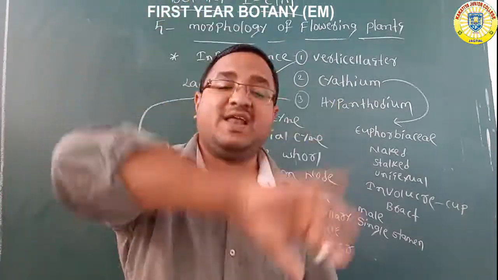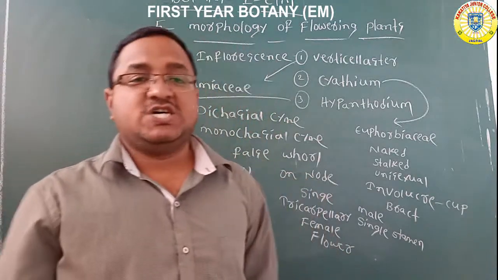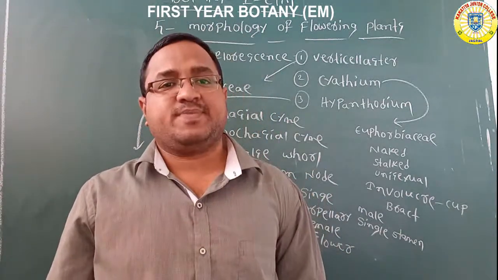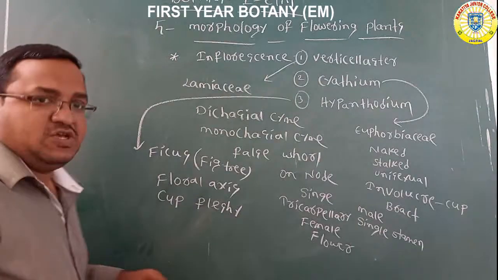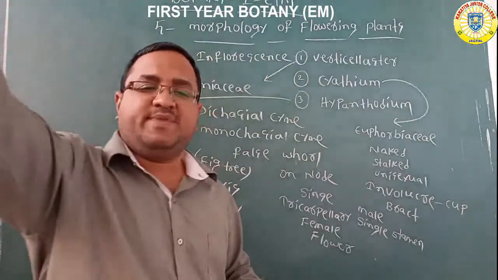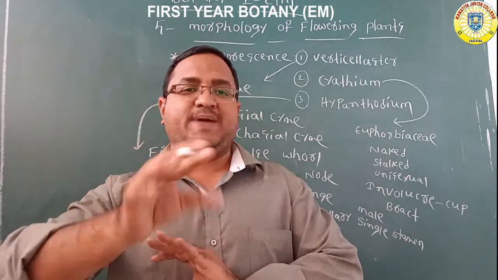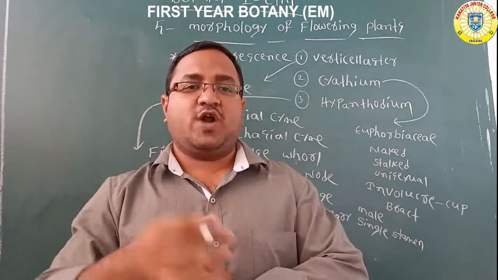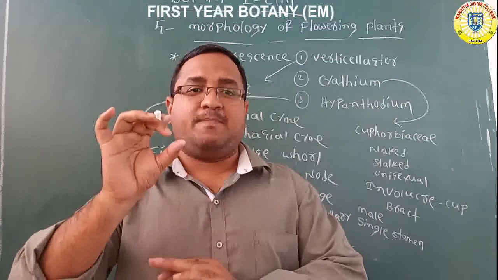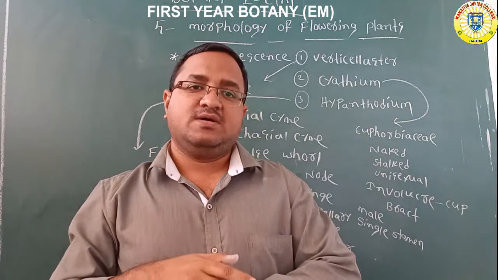In between the male and female flowers, there are some sterile female flowers. Male flowers are present at the top, and female flowers at the bottom of the peduncle. The floral axis is converted into a cup-like fleshy structure.